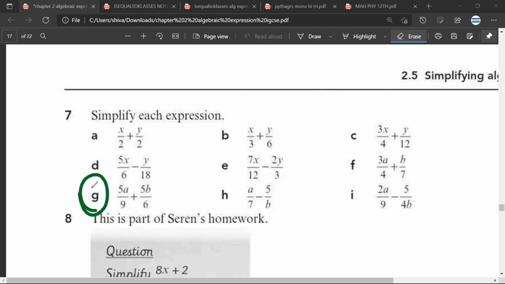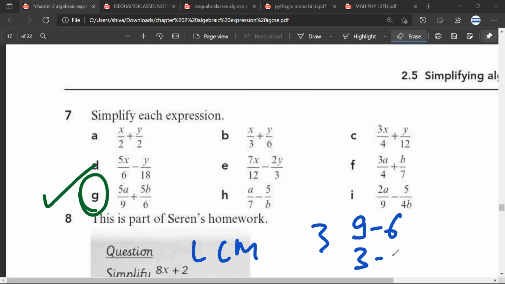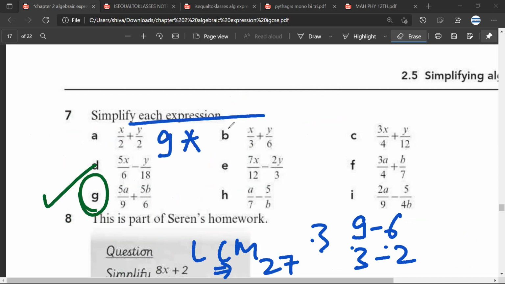Satya, how should I do this part? So first we have to find the LCM. So the LCM would be... Then we have to multiply 6 by... So how can the LCM be 27? It's 18. Sorry, it would be 18. Okay.